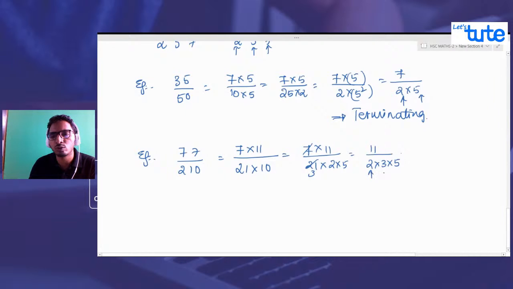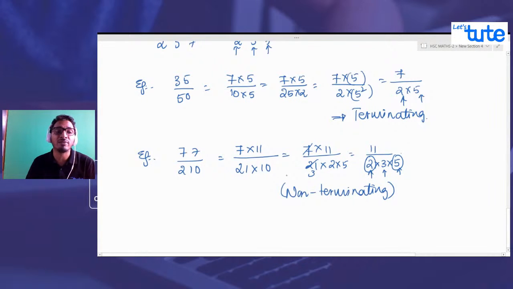So 2, 3 and 5 are prime factors, correct? But we wanted 2 and 5, but we also have 3. So because we have one extra prime factor other than 2 and 5, we can say that it is non-terminating. So it was very easy to figure out if they are terminating or non-terminating. We just have to figure out what are the only prime factors of the denominator.